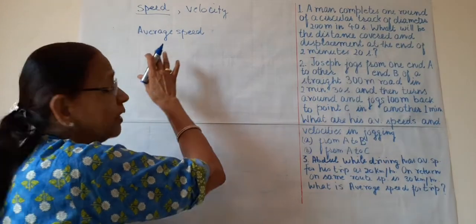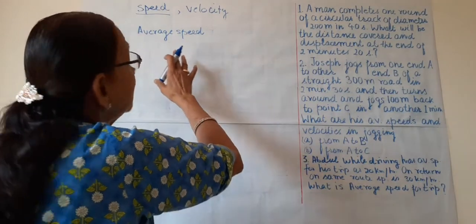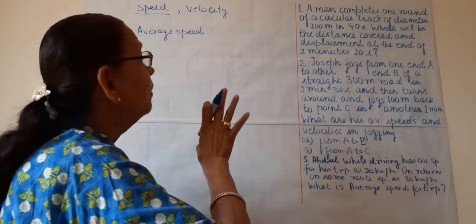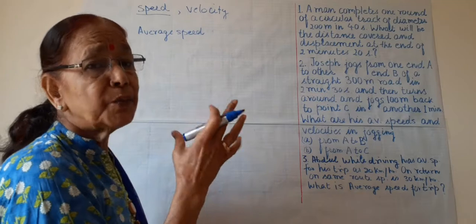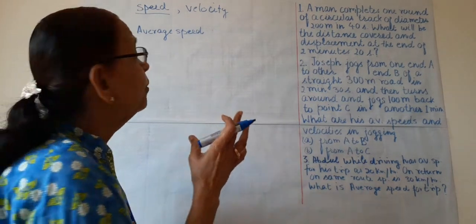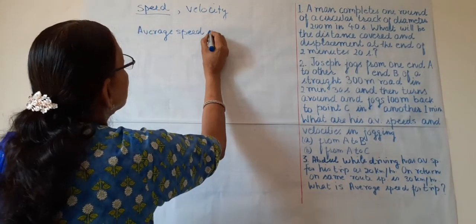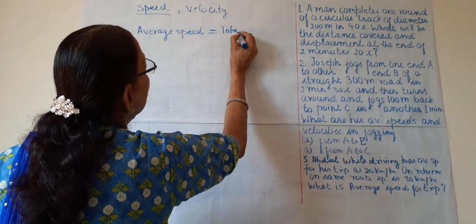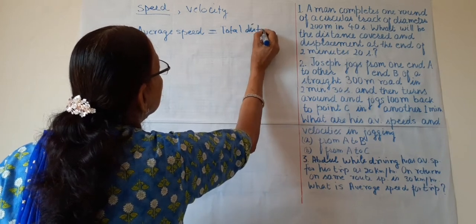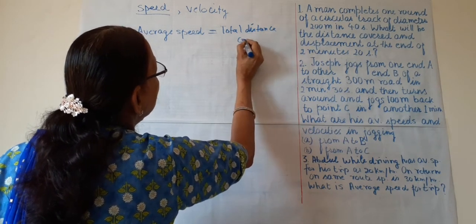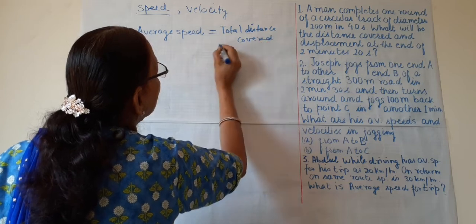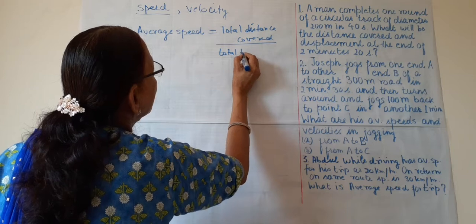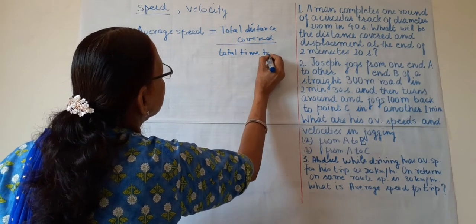So if on a straight line, in a linear motion, somebody is driving a car for a longer distance, then the speed is not constant. We want to know the average speed. So the formula for average speed is total distance covered, traveled, upon total time taken.